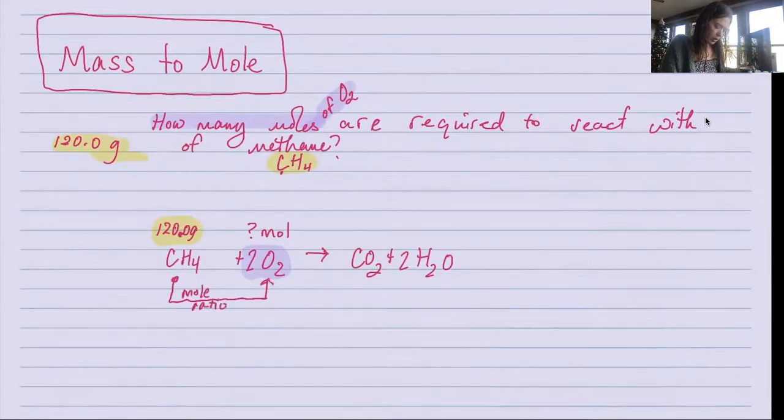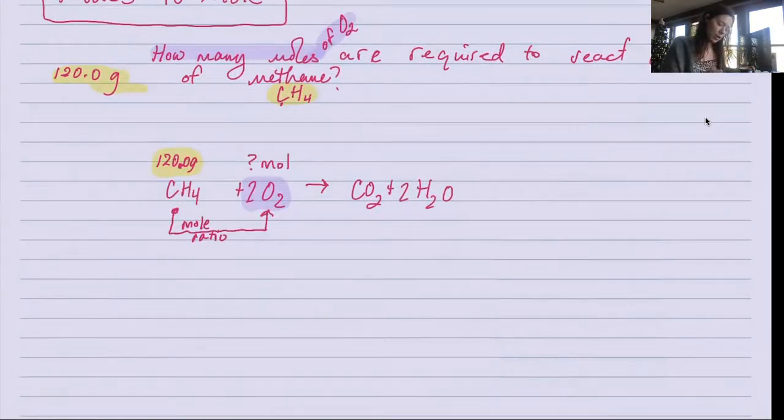All right, so let's look at what we start with. We always start with what we're given. And that is 120.0 grams of what? Methane. We need to get from methane to oxygen. I do that by using my mole ratio. I can't use my mole ratio until I have the units of moles.